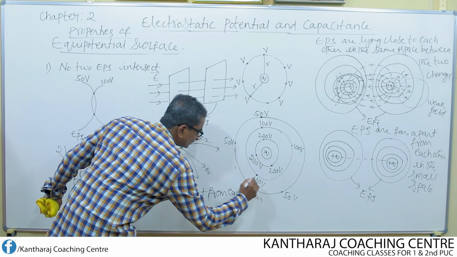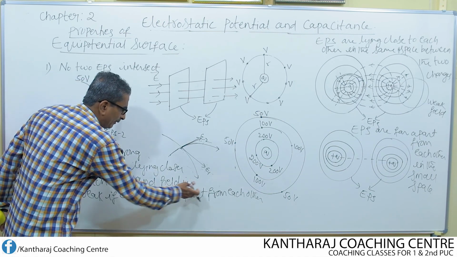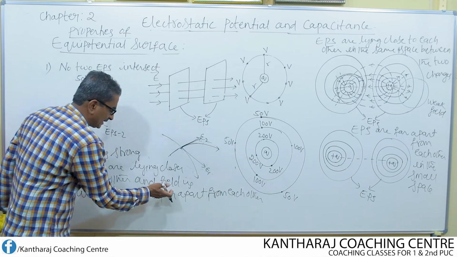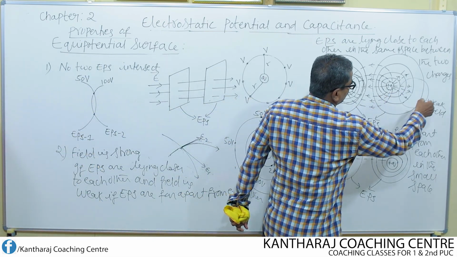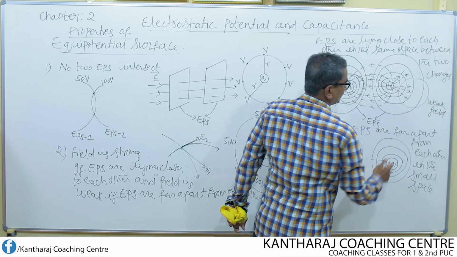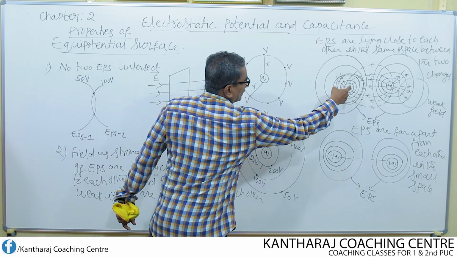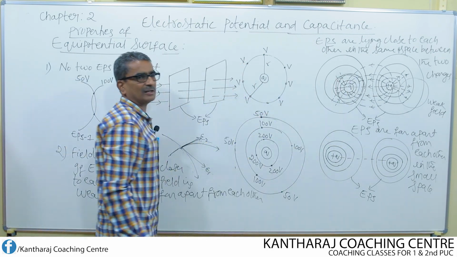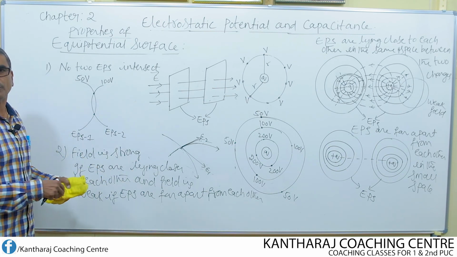Or vice versa also we can say. If equipotential surfaces are far apart from each other, then in that region the field is weaker. Similarly, if equipotential surfaces are closer, then in that region field is stronger. So in the reverse way also we can mention this property.